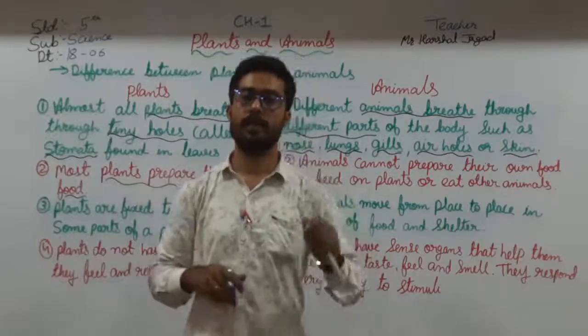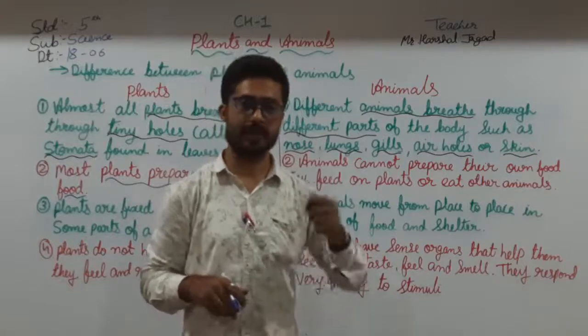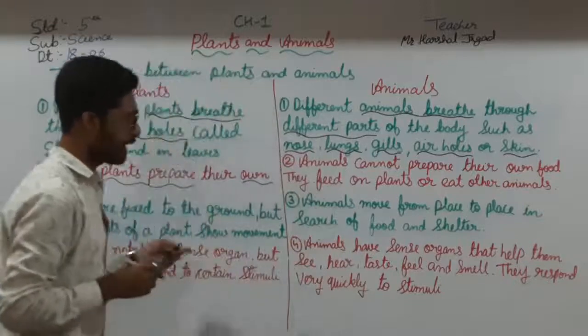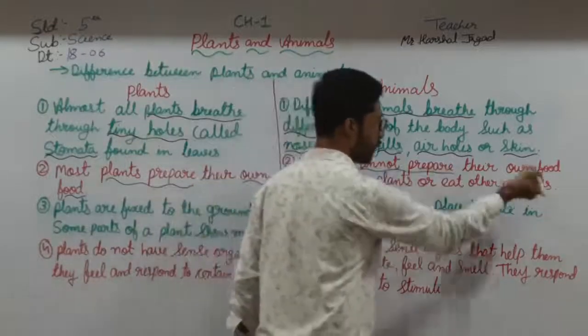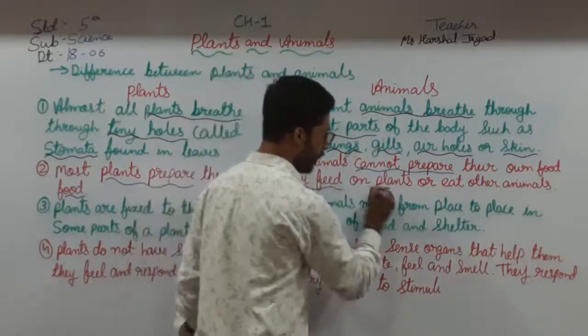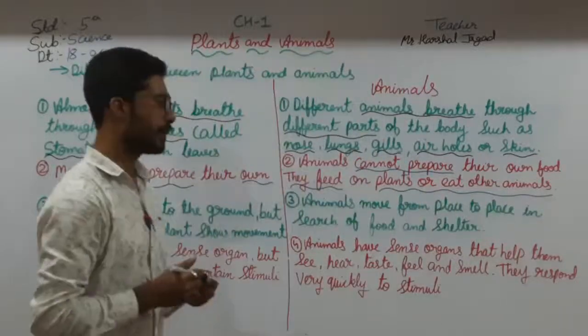They prepare their own food by the photosynthesis process that we will see further. Then, animals cannot prepare their own food. They feed on plants or eat other animals. Okay.